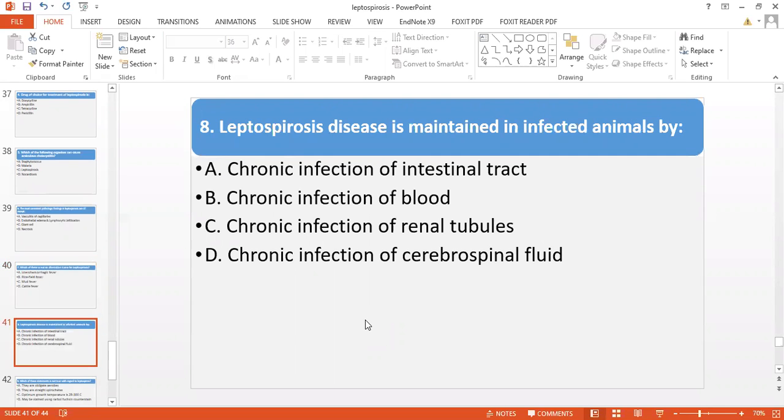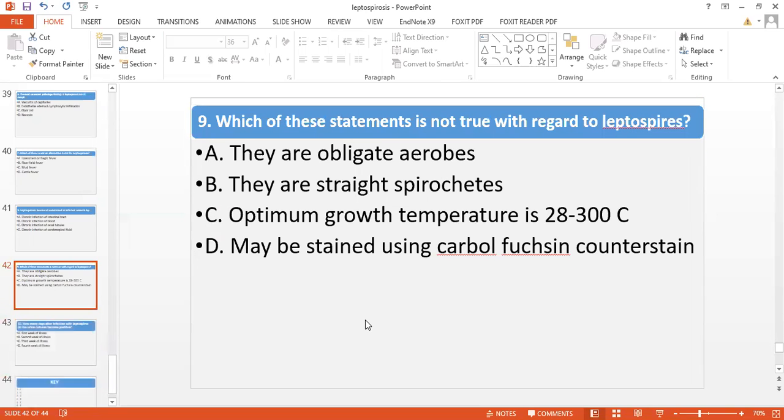Leptospirosis is maintained in infected animals by C, chronic infection of the renal tubules. It resides there, and it's excreted in urine for the lifetime of the infected animal. Which of these statements is not true?